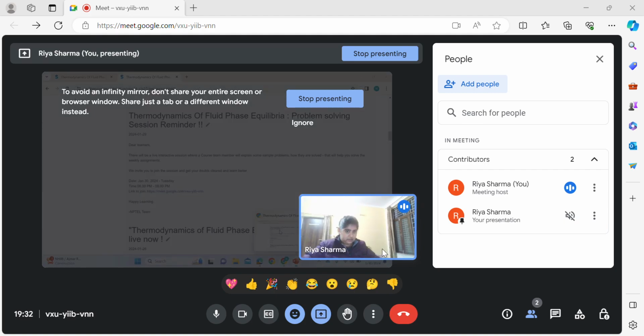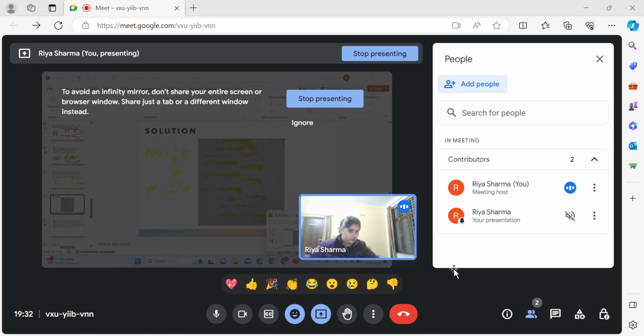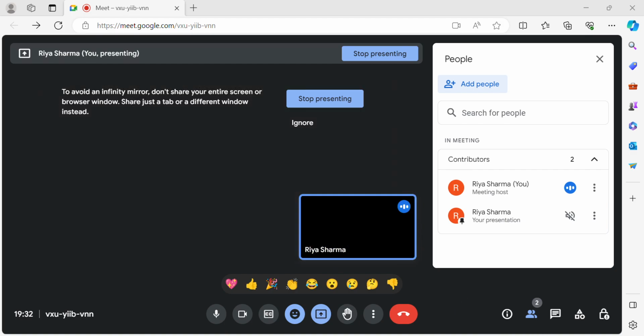There's question number 6, an adiabatic heat exchanger, and the 7th question: water is boiling at 1 atm pressure in a stainless steel pan. This question is similar to the one we have done, where you need to use the steam table.